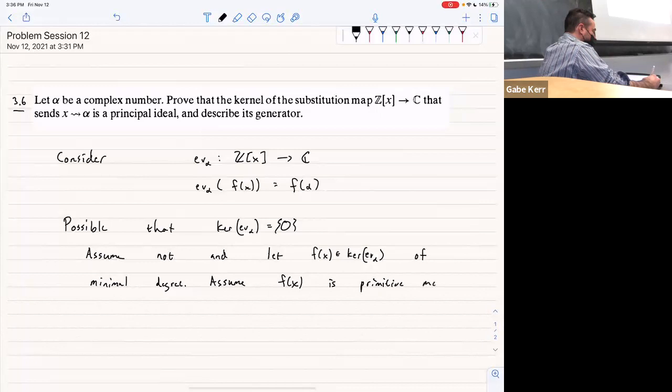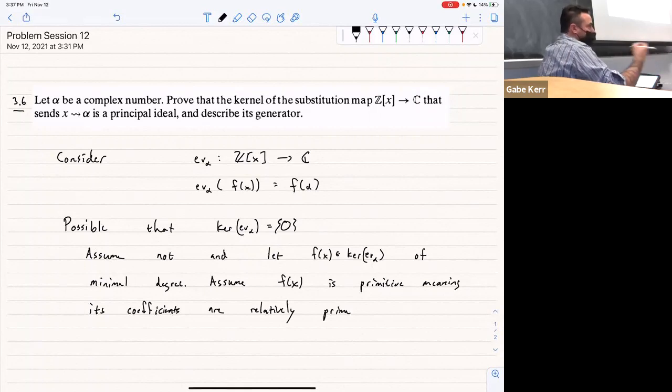It means the coefficients are relatively prime, there's no single prime number that divides all the coefficients.